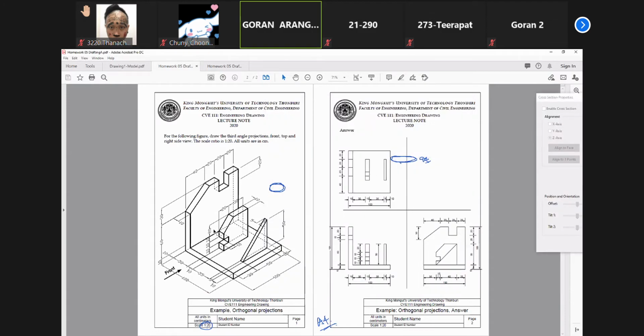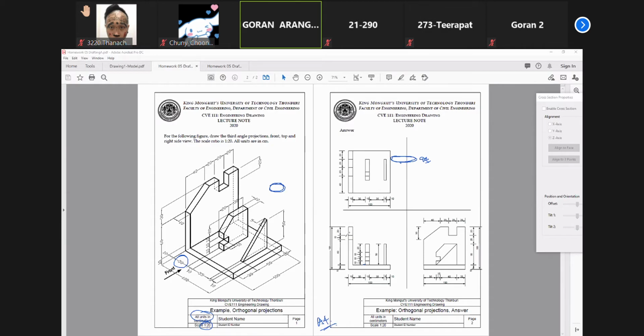Now, regarding the scale, what you are seeing here, 30, so that's 30 centimeters because all units are given in centimeters. So 30 divided by 20. On paper, this will be 15 millimeters, so 1.5 centimeters.